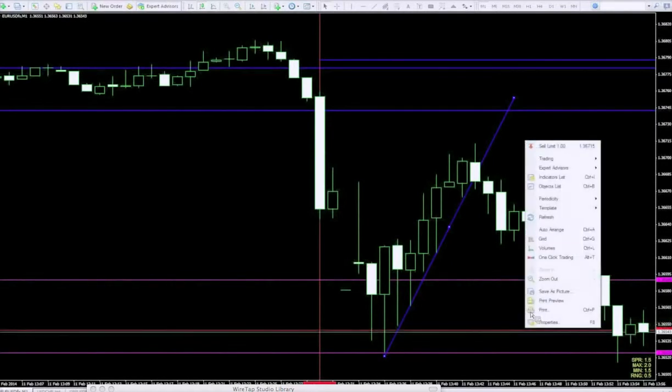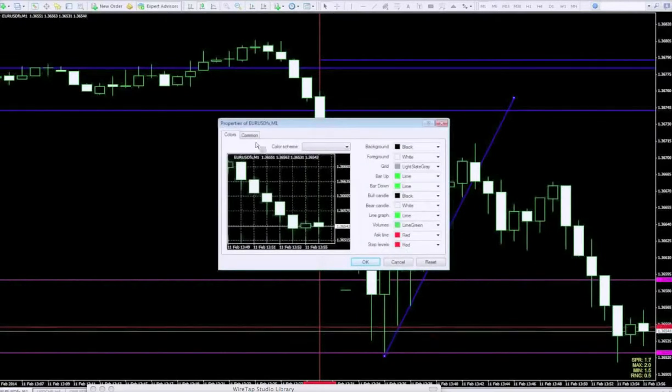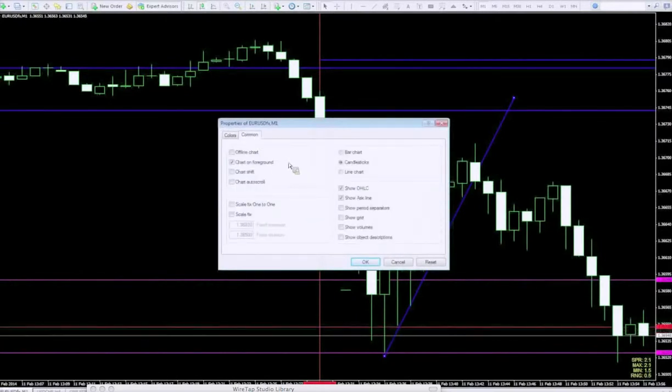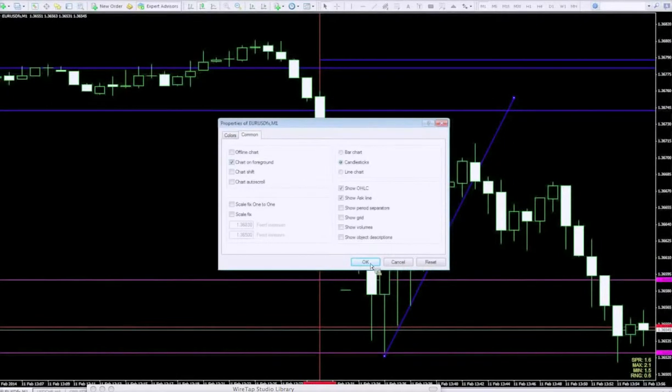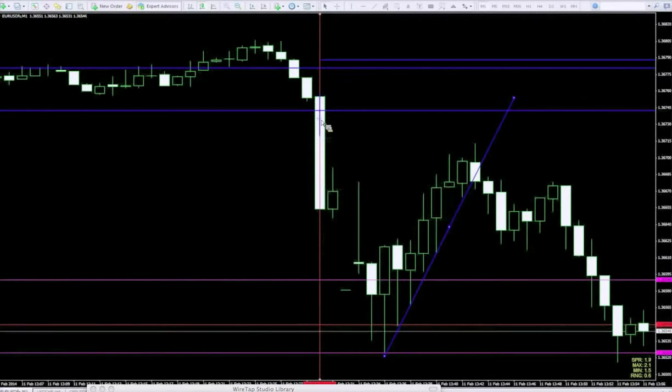Untick chart on foreground. Yeah. Thank you. I knew it was there somewhere. All right, thank you, Pip3, for that.